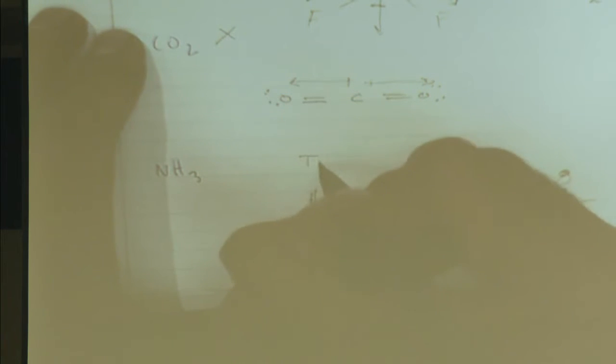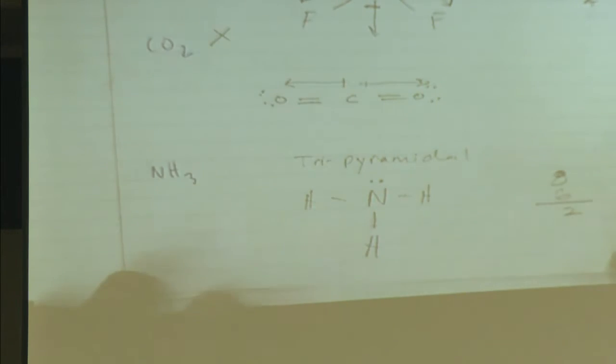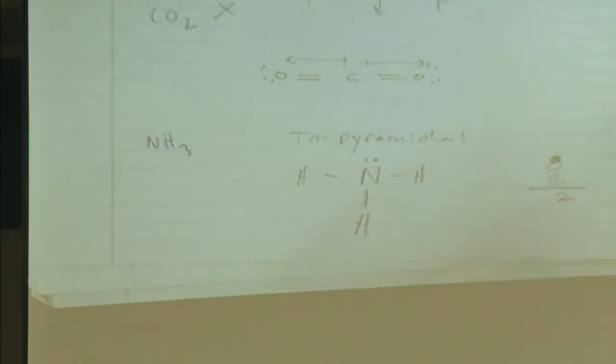So what is our molecular geometry? We have something with 4 electron groups, and one of them is a lone pair. Awesome. Trigonal pyramidal. So I'm going to write that. Anytime I write tri, that's just a shortened version of trigonal. So tri-pyramidal.